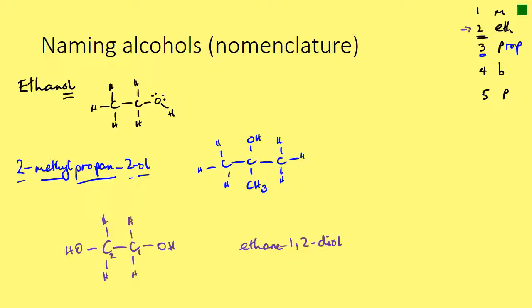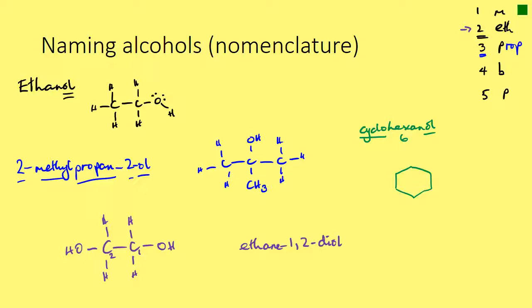Let's do one more. Let's do cyclohexanol. So let's write that out. Cyclohexanol, we know it's an alcohol because of the ending -ol. In this case, it's a cyclical molecule, and we know that we've got 6 carbon atoms joined together. So we can draw a hexagon of carbon atoms, like that.